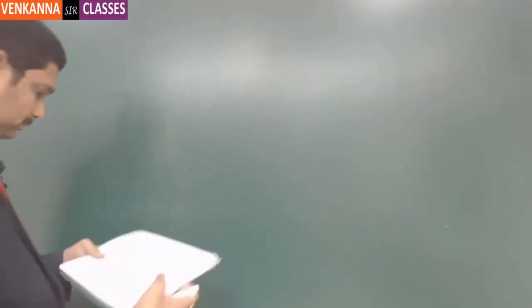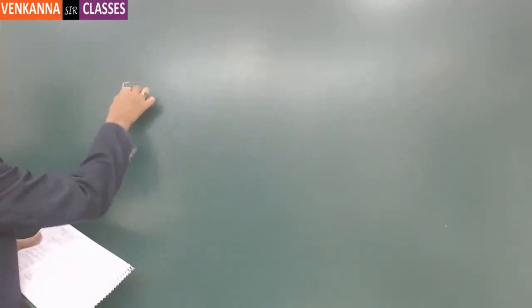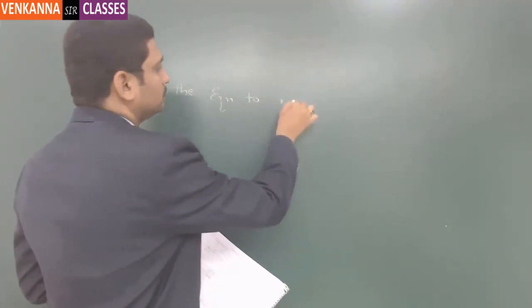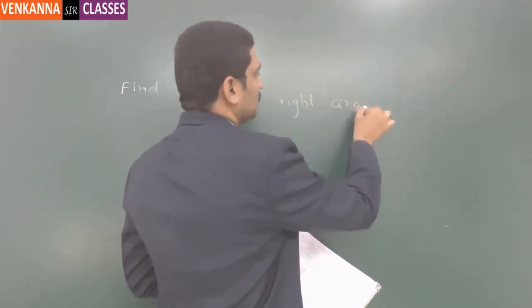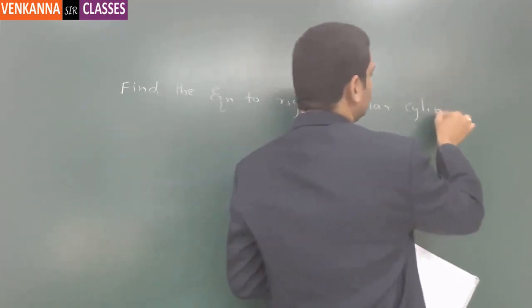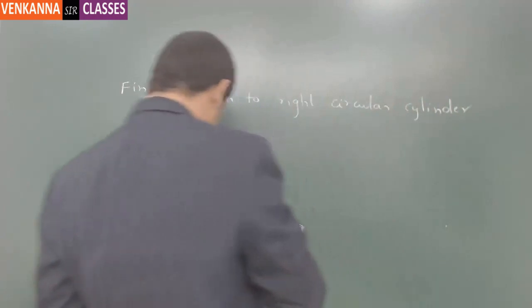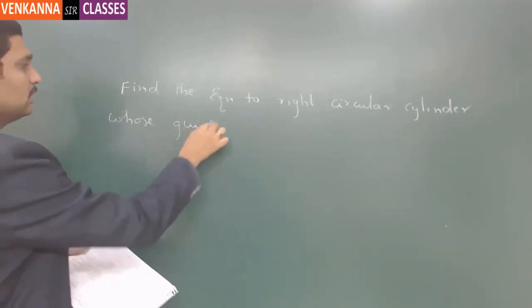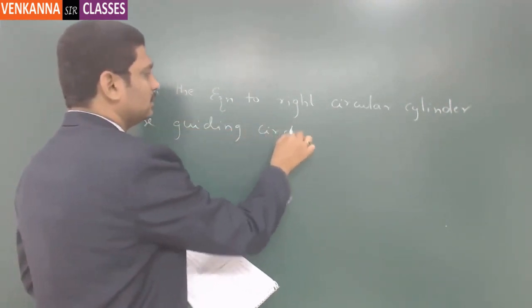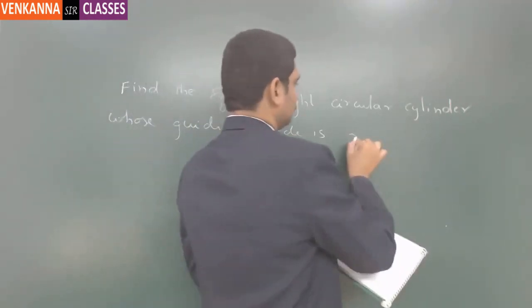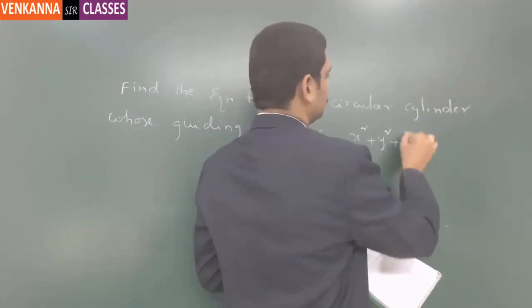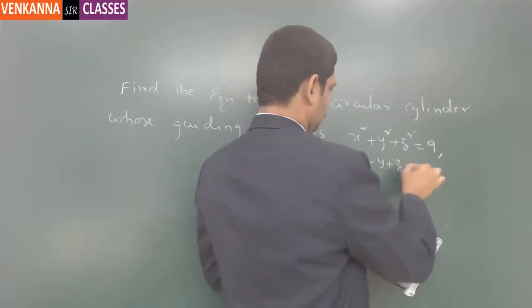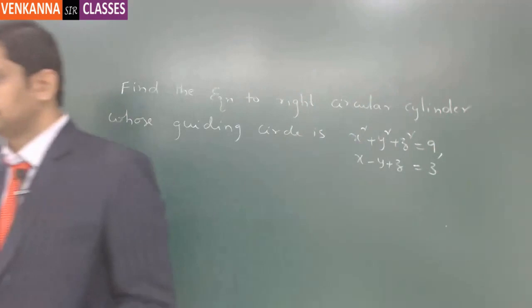So this is the problem. Find the equation to right circular cylinder whose guiding circle is... this is the problem.